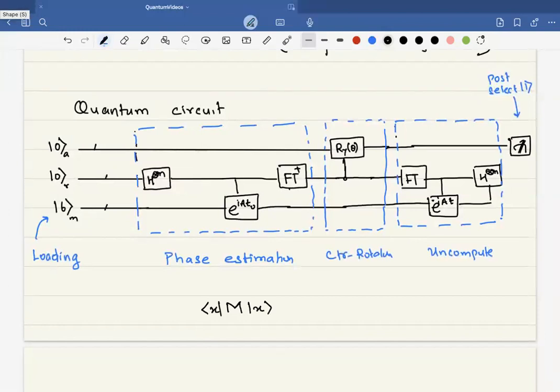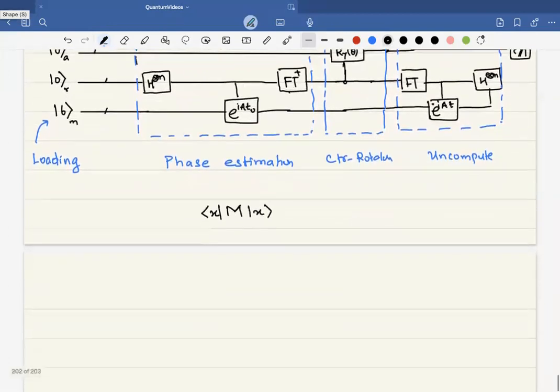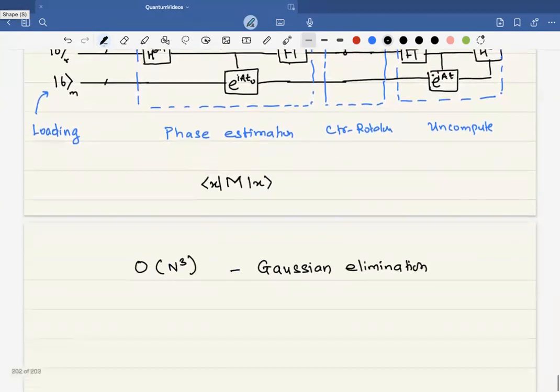Now, in terms of the optimality or the runtime of the algorithm, I mentioned that Gaussian elimination takes order of n cubed.